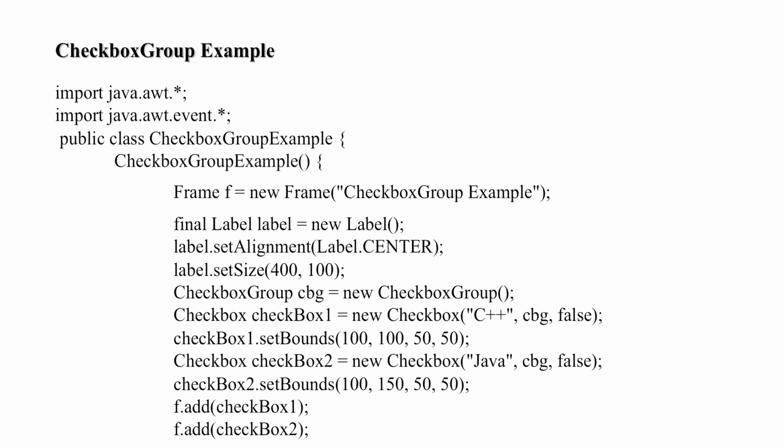Now here we will get output like C++, Java, and they are checkable. Whenever we select one, it will initiate one sort of event.